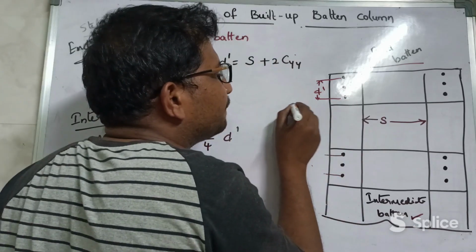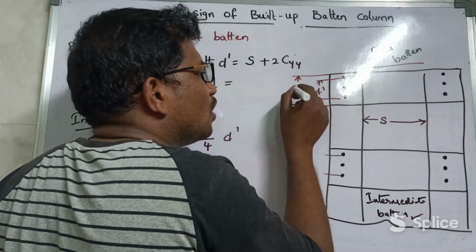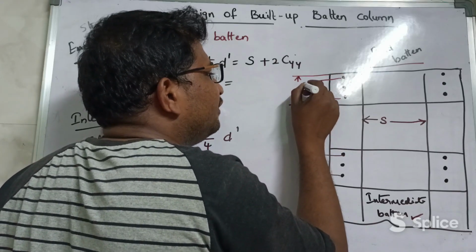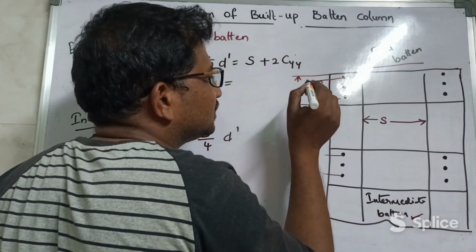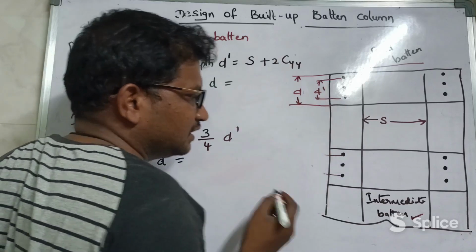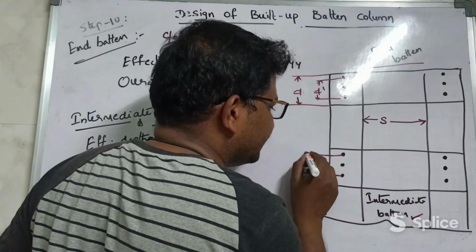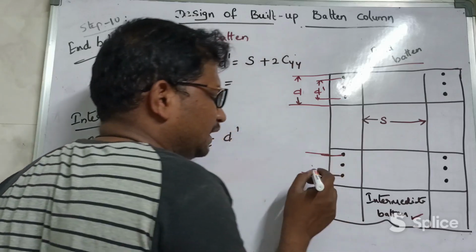Now the overall depth of the batten, this one, is overall depth D. This is D, this is D dash. Similarly, for intermediate batten, the distance between two rivets is effective depth.